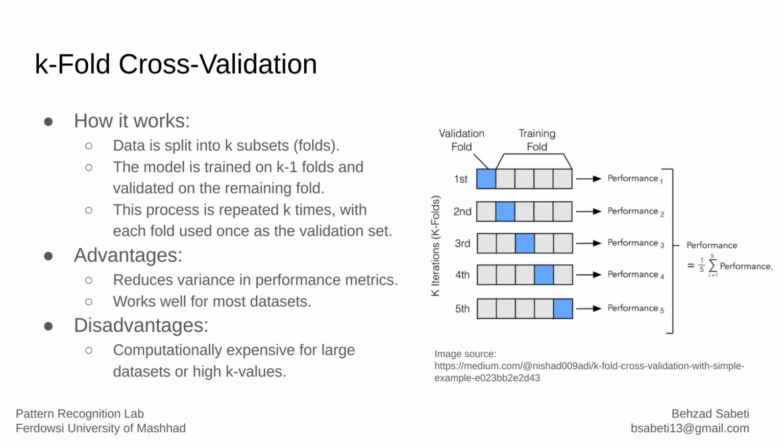The advantages of k-fold cross-validation include a reduced variance in performance metrics and suitability for most datasets. However, it can be computationally expensive for large datasets or high k values. Here's a visualization of how k-fold cross-validation works, as you can see.